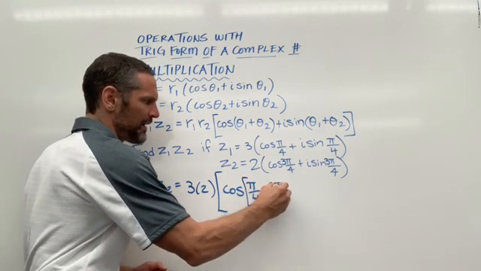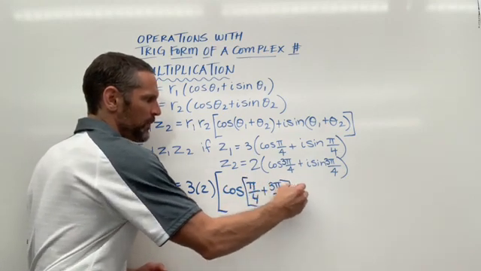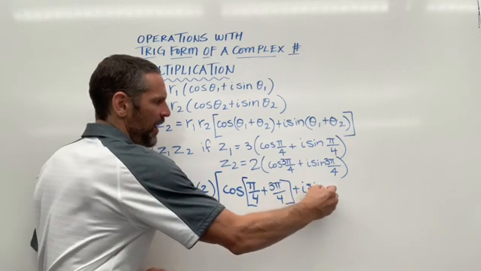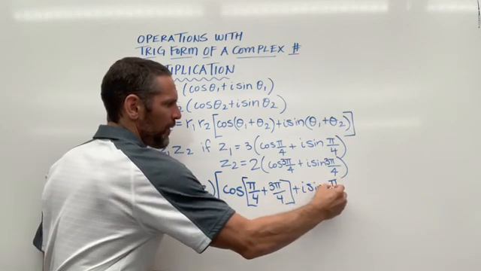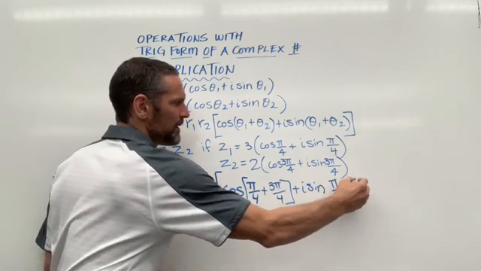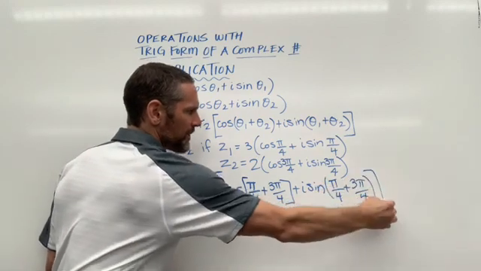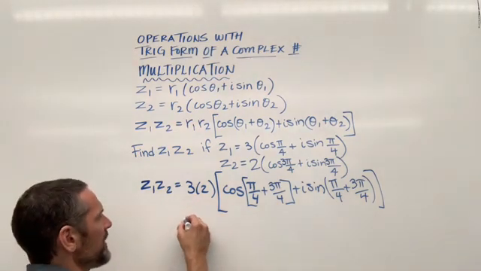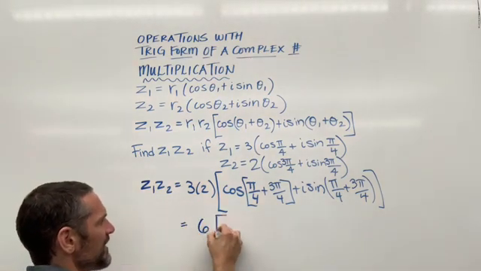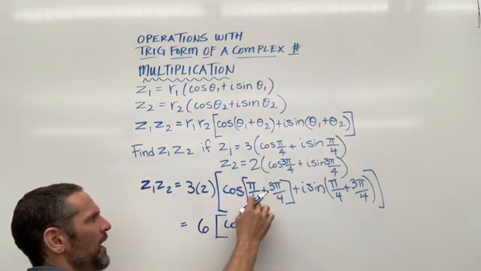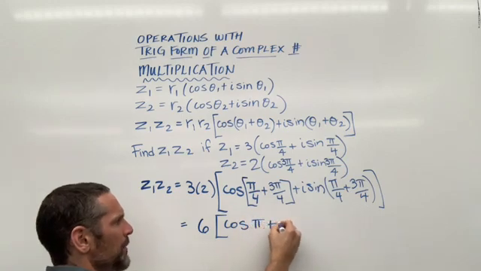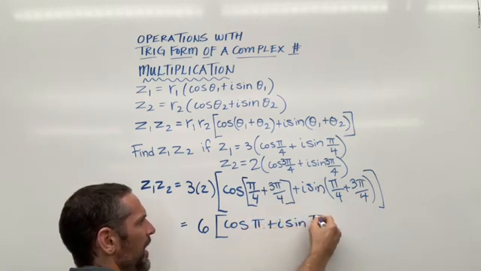So I'm going to add pi over 4 plus 3 pi over 4. And so I'll ultimately get here 6 times cosine of pi over 4 plus 3 pi over 4, which is pi, plus i sine of pi.